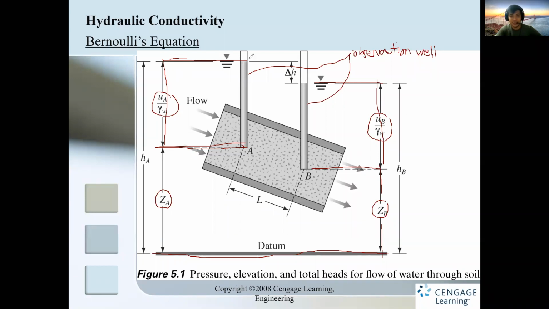Now the difference in the elevation, or the difference of the total heads between the two points, is what you call the head difference. If it's negative, that means head loss. If positive, head added.